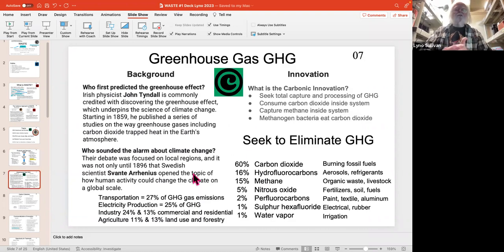So the greenhouse gas, GHG, there's some background on the left, interesting stuff. Notice that transportation is 27% of GHG, electricity 25, industry 24, residential 13, agriculture 11. So when I'm talking about taking pig manure, I'm sitting down in the low percentages.